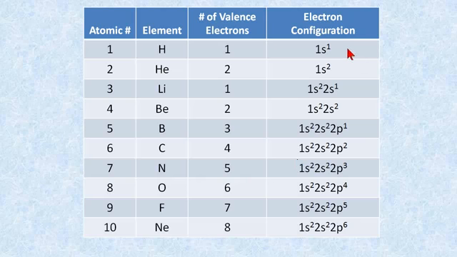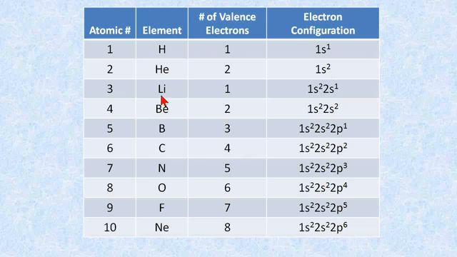The way we track the electron configurations is that we start with atomic numbers 1 through 10. We label hydrogen as 1s1, and that's the electron configuration for hydrogen. 1s2, that's the electron configuration for helium. In other words, you're in the first period, you're in the s sublevel or subshell, and there are 2 electrons in it.